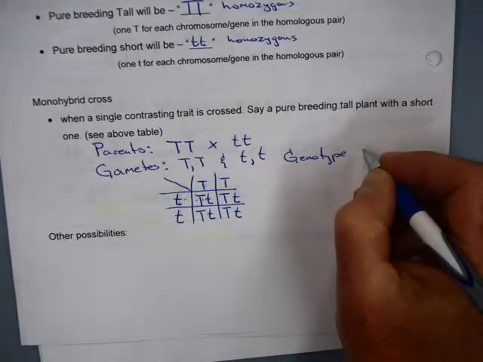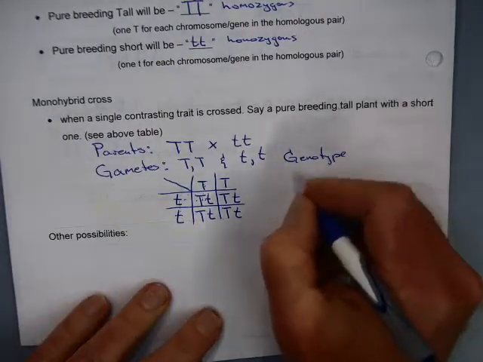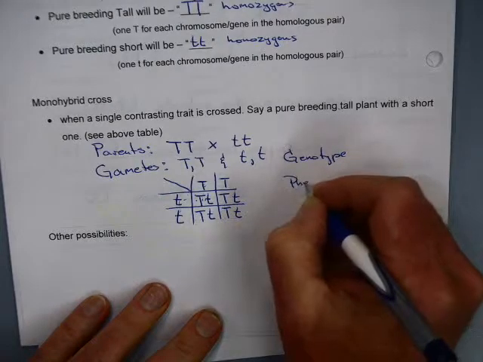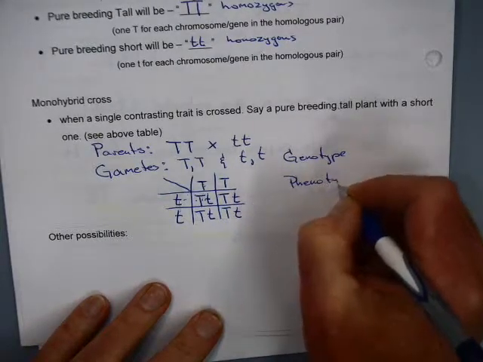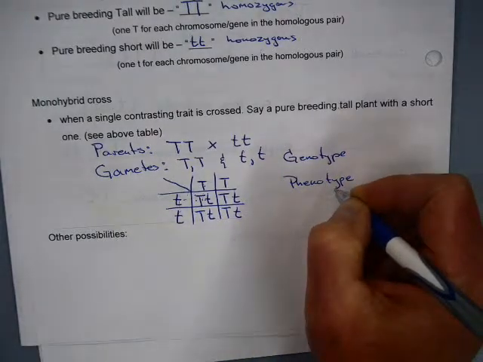I'll finish with this. Thank you. Of the genotype and the phenotype of this cross. The genotype is the actual genetic makeup.